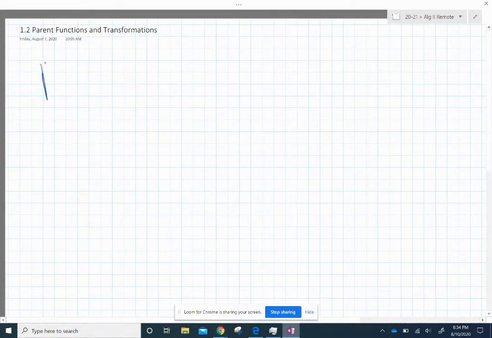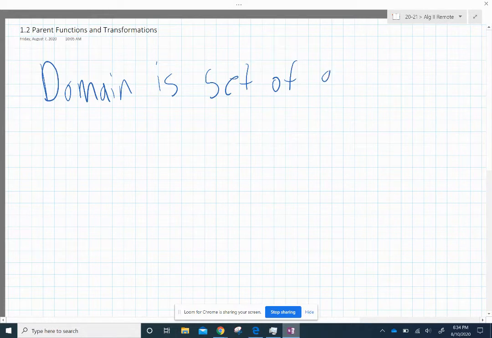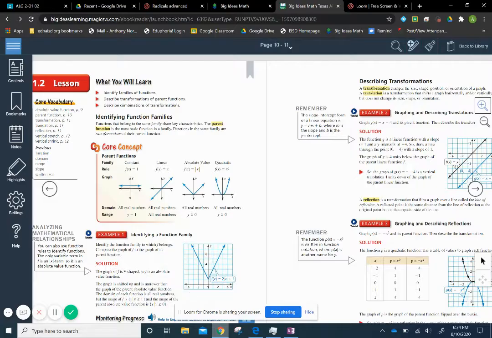Domain, in case you don't remember, is the set of all x values. Domain will almost always be all real numbers. When we're dealing with parent functions of this scope, you see they're always all real numbers.